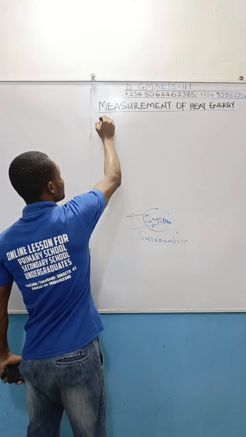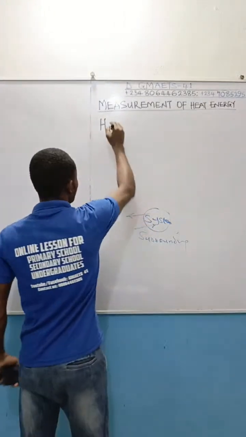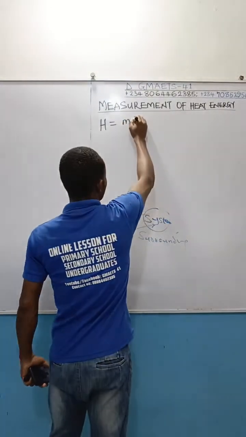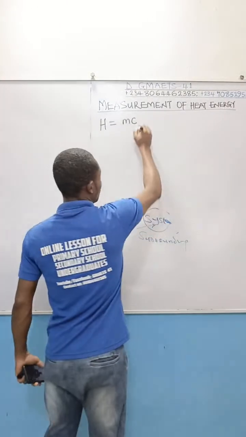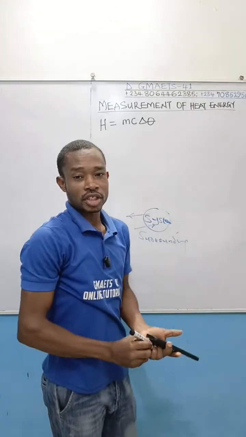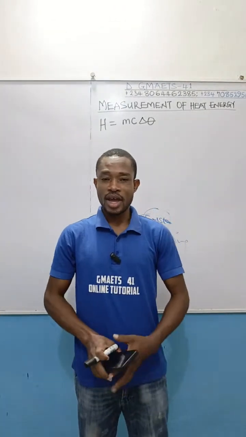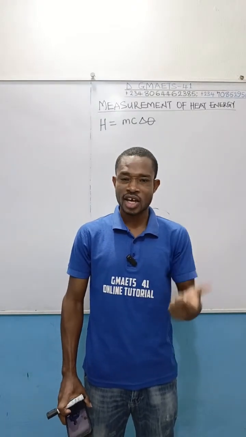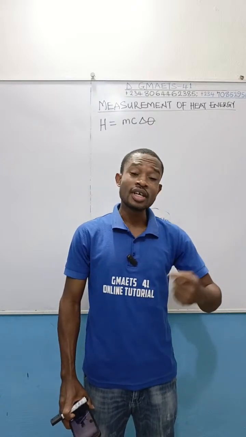So we can say that heat, I'm going to use H for it, quantity of heat is equal to the mass times a quantity, small letter c, times delta theta, which is change in temperature. That is the formula for calculating quantity of heat. Simply mc delta t. That m is the mass of the substance that is receiving the heat, or that is losing the heat.